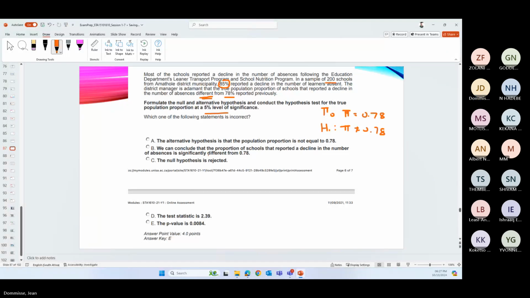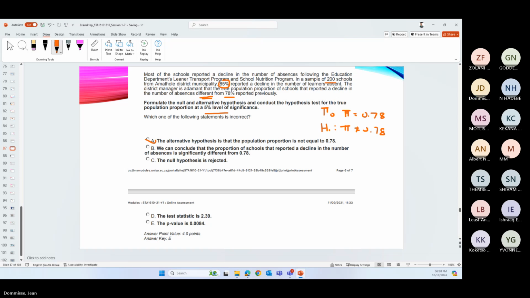So the alternative hypothesis is that the population proportion is not equal to, the same answers in both.